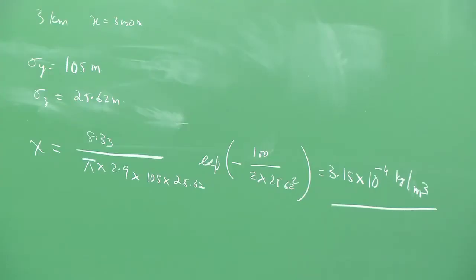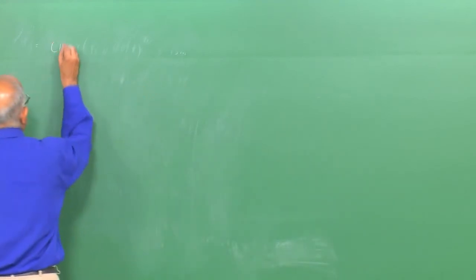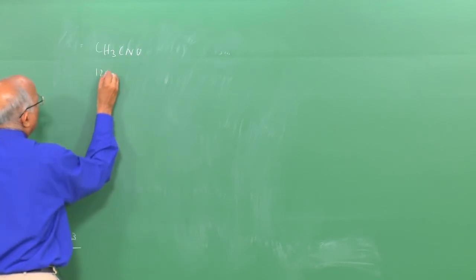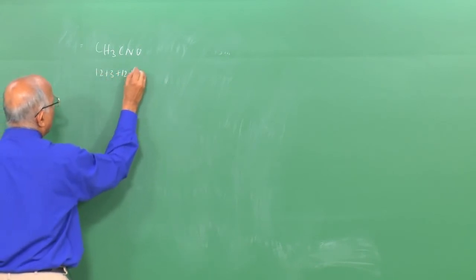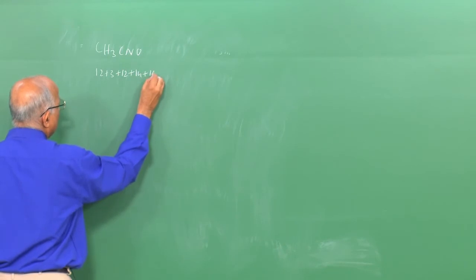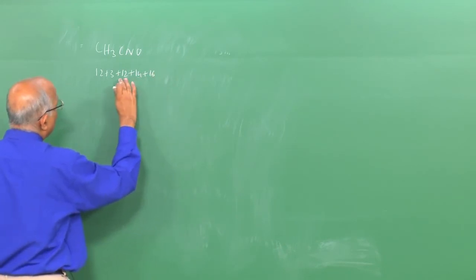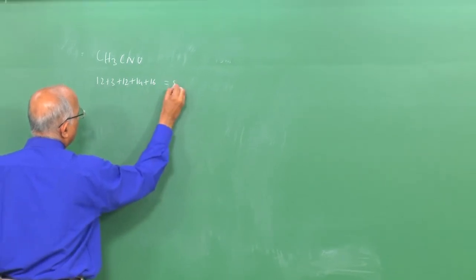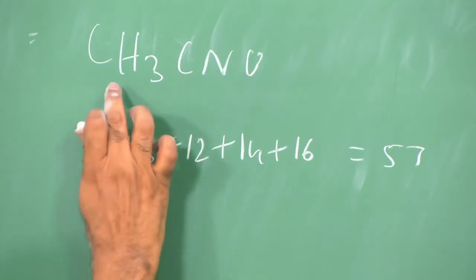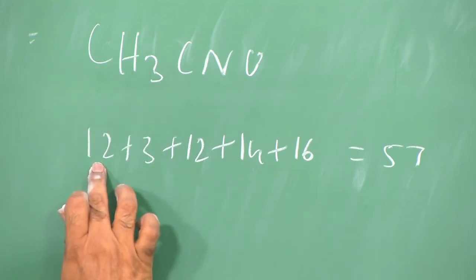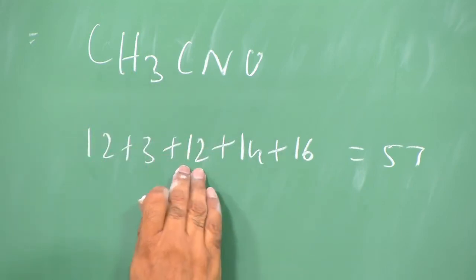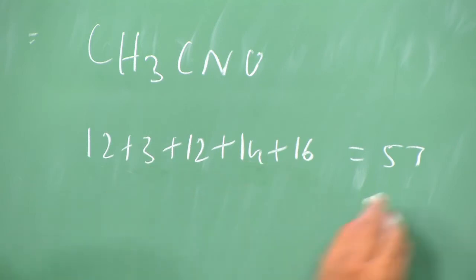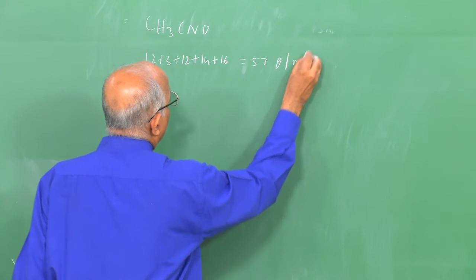The molecular mass of CH3 CNO is 12 plus 3 plus 12 plus nitrogen 14 plus 16, which is 57 gram per mole.